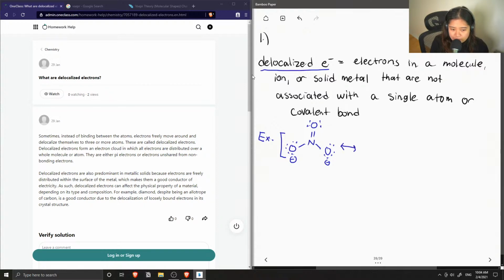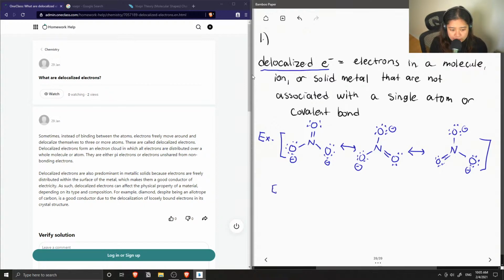They can move around, even to the topmost oxygen. So it can be on the topmost oxygen, and now this can have the double bond. This one still has a negative charge. And again, the third oxygen can have the double bond, and then these two can have the negative charge.